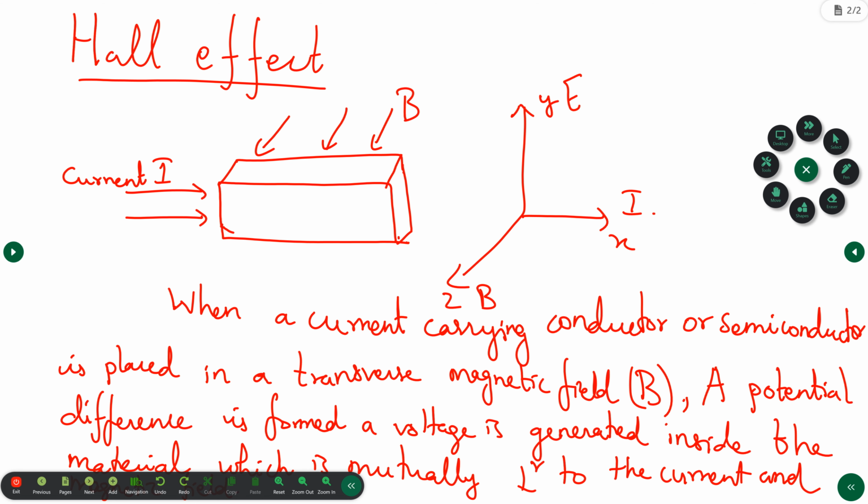Next subheading, Hall coefficient in an N-type semiconductor. So the similar kind of diagram you have to draw, which may be a semiconductor or a conductor.